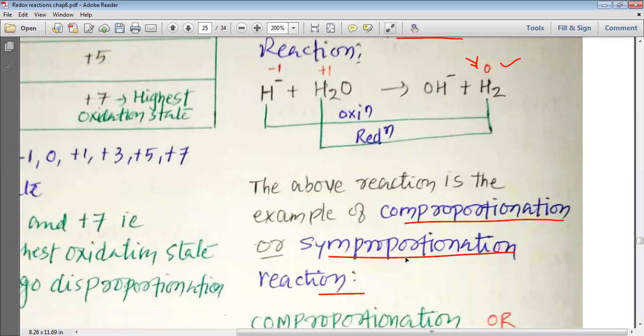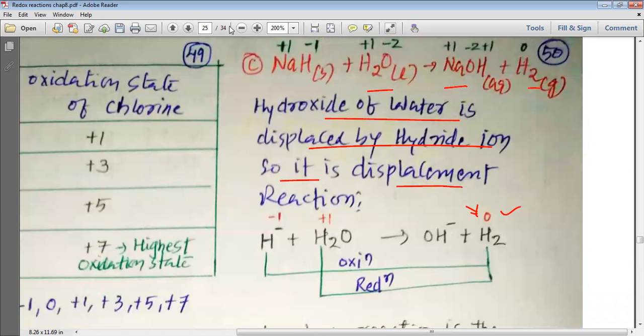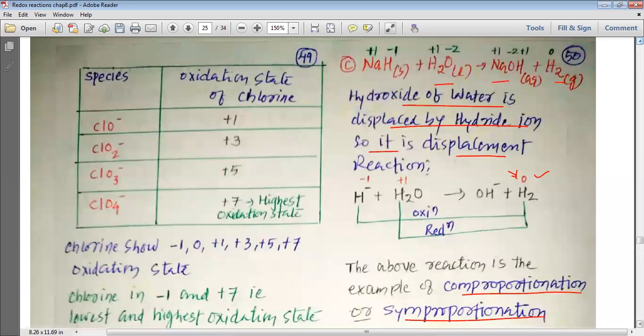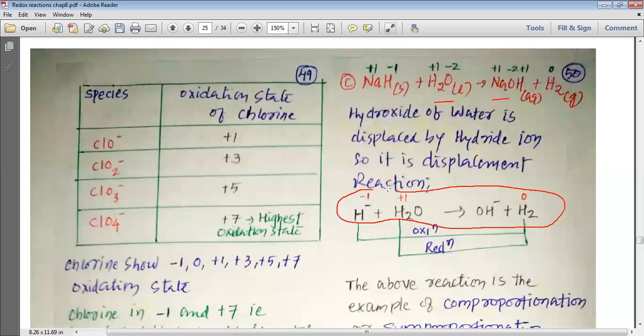So please remember, this is a wonderful example of a symproportionation or comproportionation reaction, my dear students, because here two different reactants undergo the reaction and give the single oxidative product.